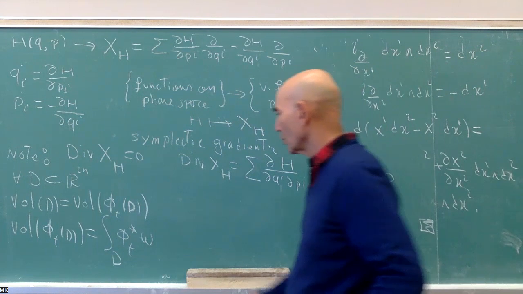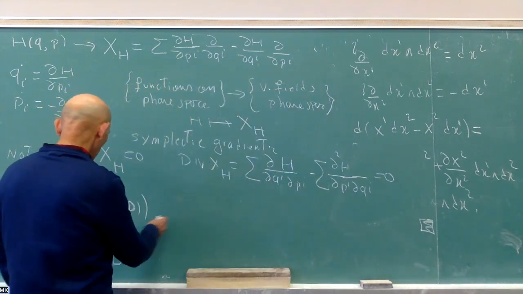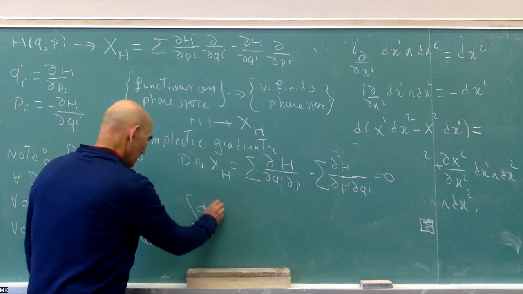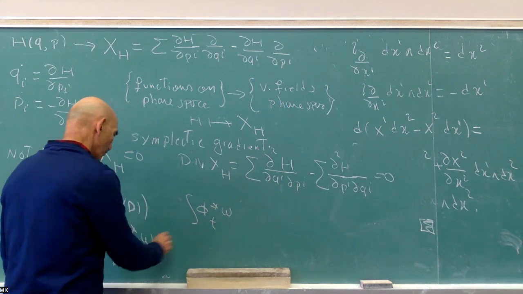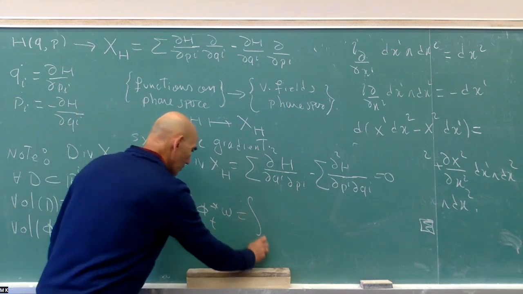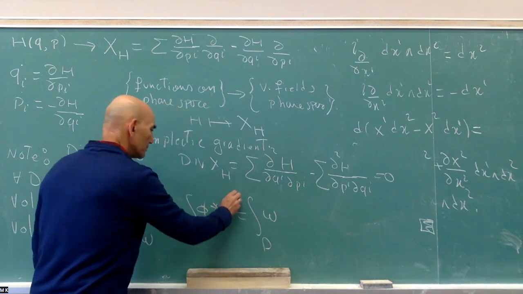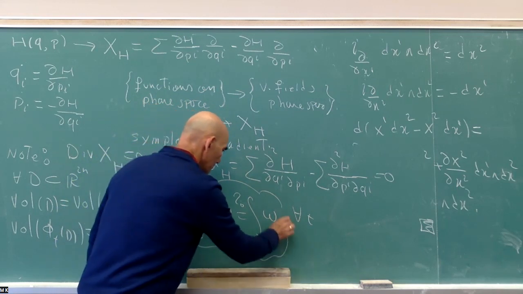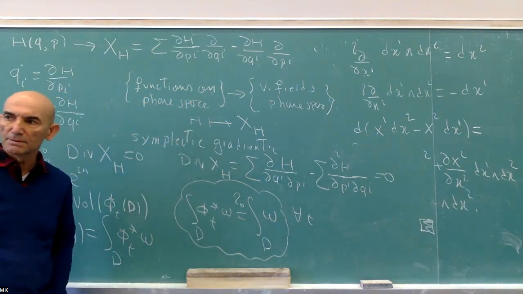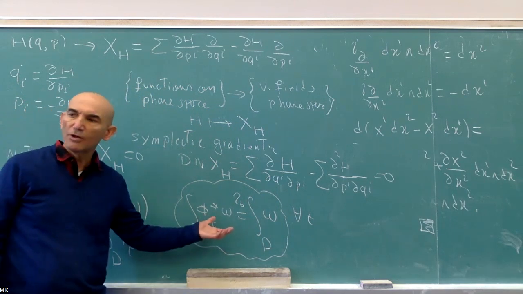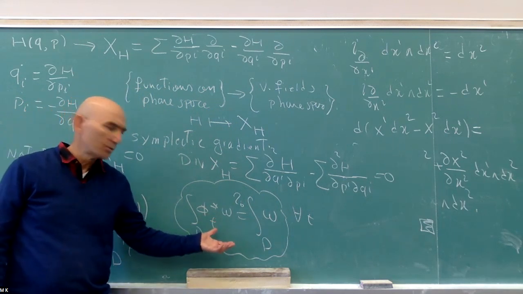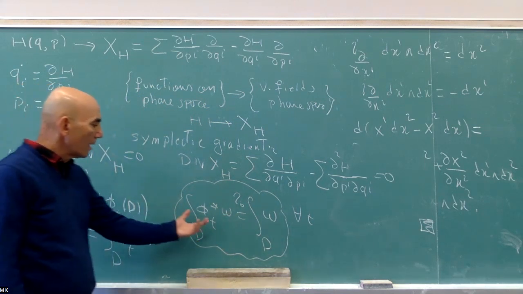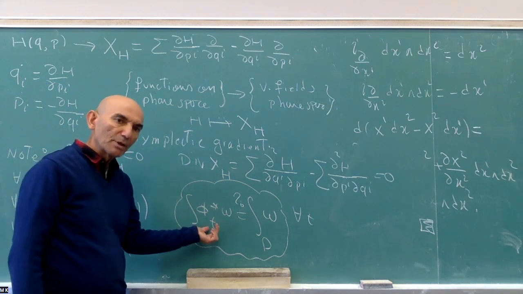Okay, so what we want to show, in other words, is that the integral of phi_t star of omega over D is equal to the integral over D of omega for all t. Right? This is the volume preserving property of the Hamiltonian flow. We have to prove this. Now, this is a quantity that depends on t.